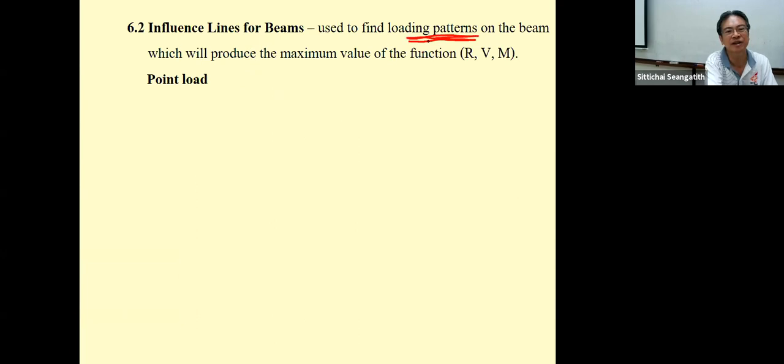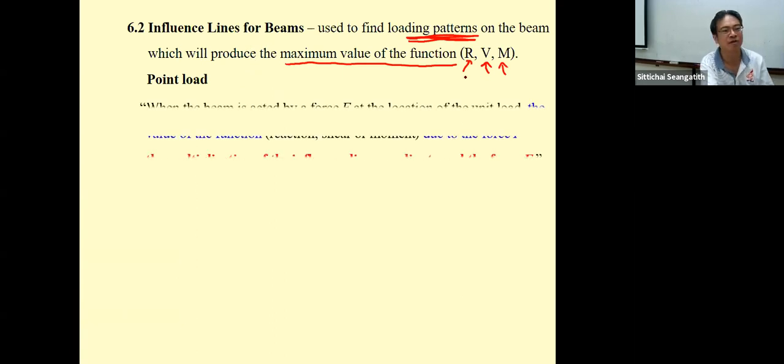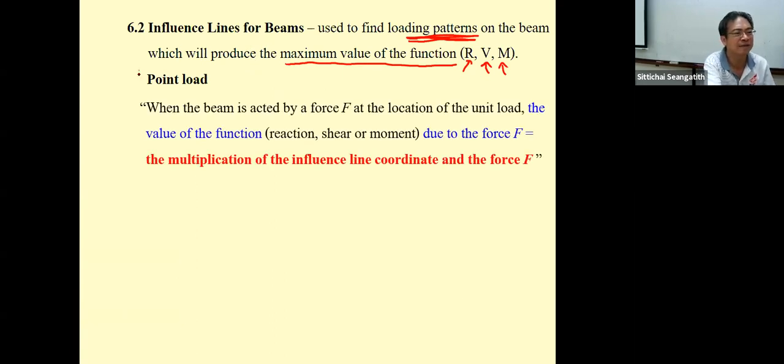When you finish drawing the loading pattern, we have to compute the maximum value of the reaction, the shear, and the moment. And again, I'm supposed to focus on the point load: the value of reaction, the value of shear, and the value of moment can be determined from what?